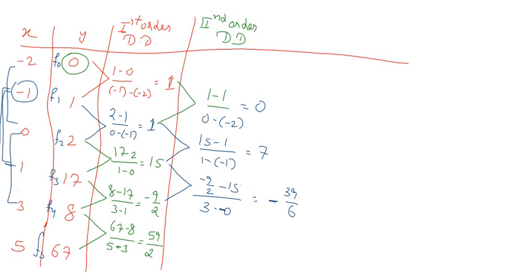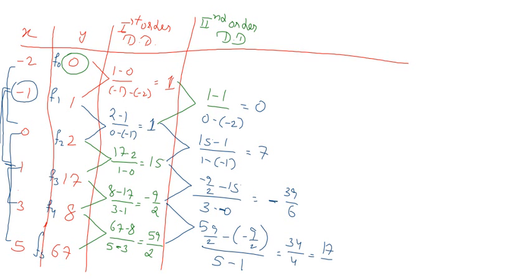Now for the last entry, you have 59 by 2 minus 9 by 2 divided by, you are going to use 1 and 5, this interval. So this is equals to 5 minus 1, that is 59 plus 9 is 68 by 2, that is 34 by 4, that is equals to 17 by 2.